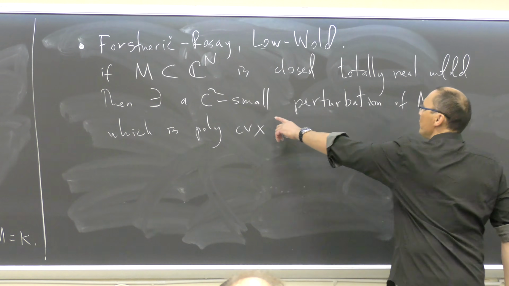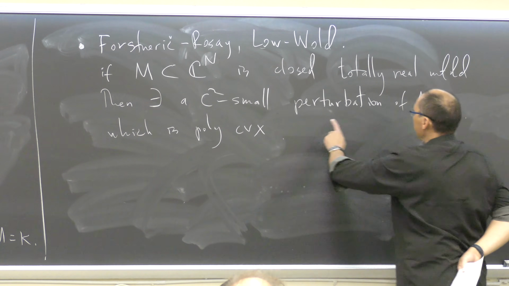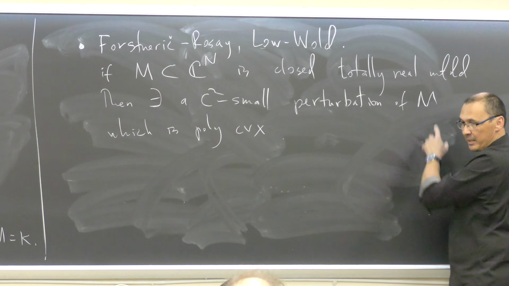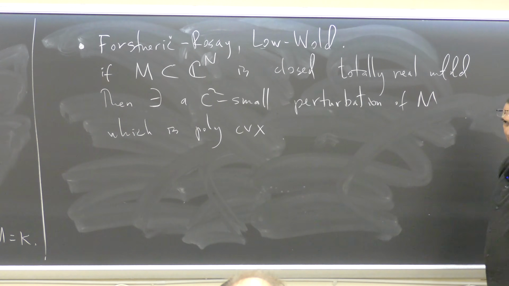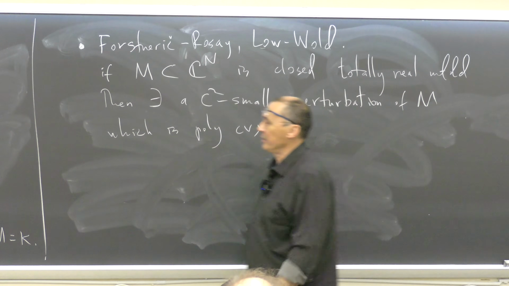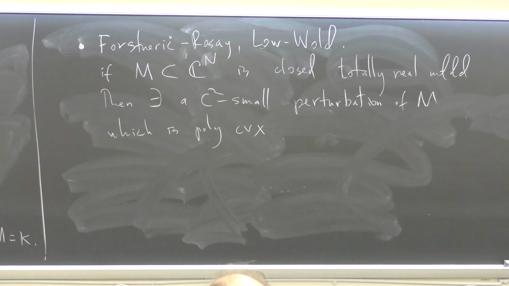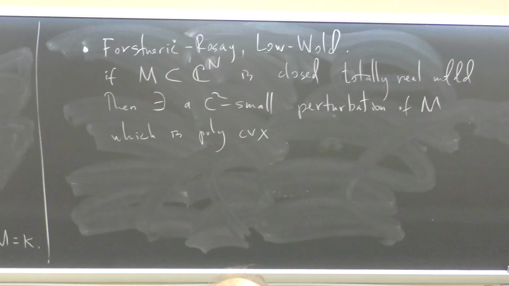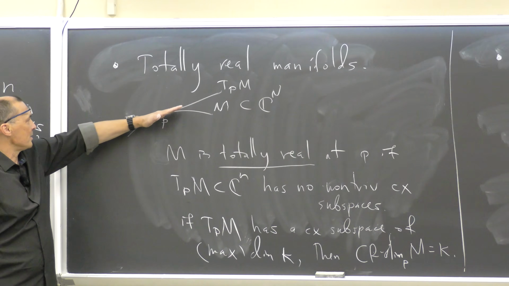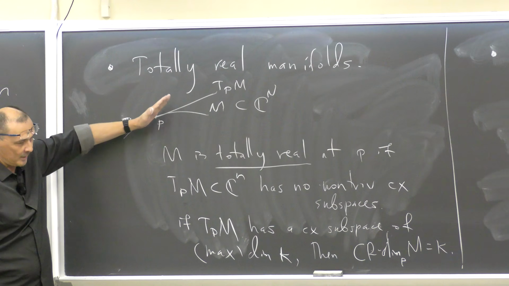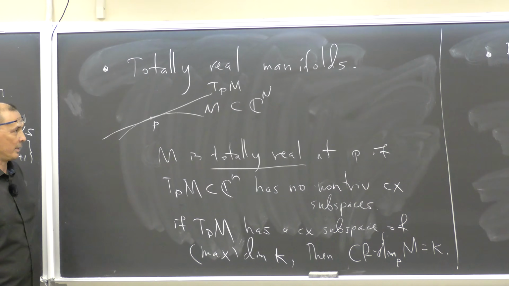So a C2 small perturbation of a totally real manifold is going to remain totally real because this is a stable condition. If this subspace doesn't contain any complex subspaces, then you can wiggle it a little bit and it's still going to be totally real.